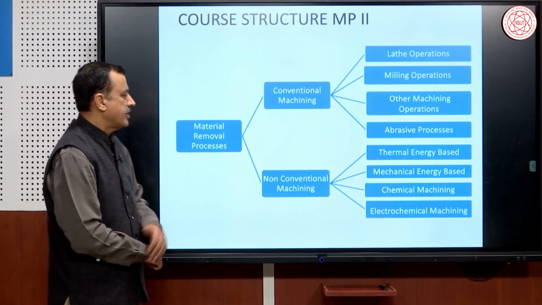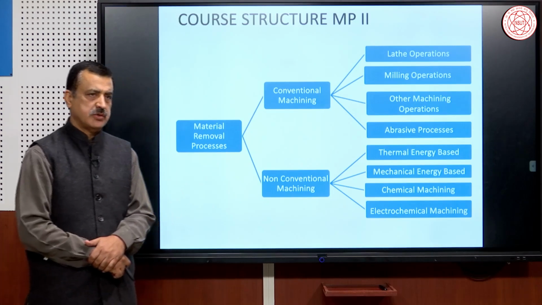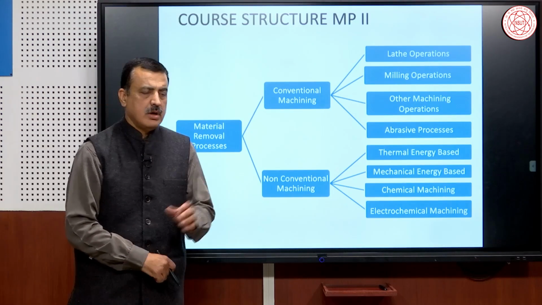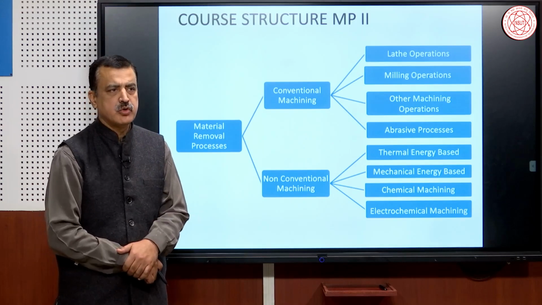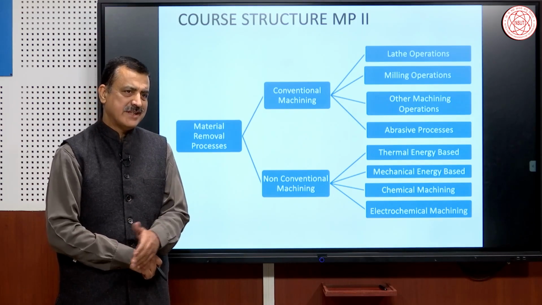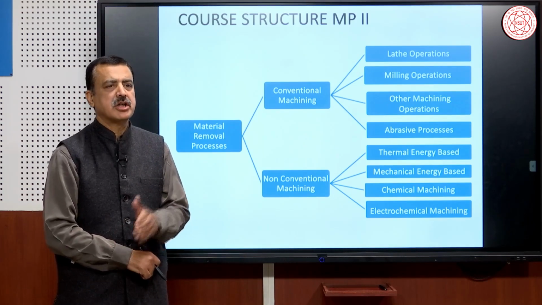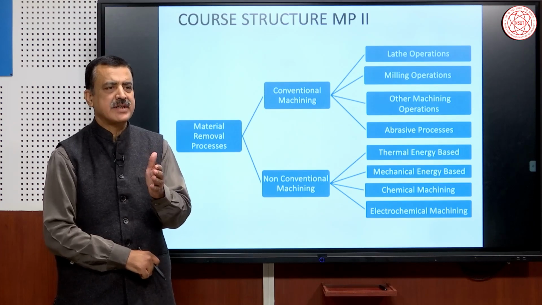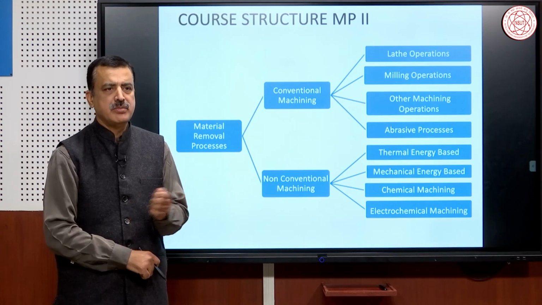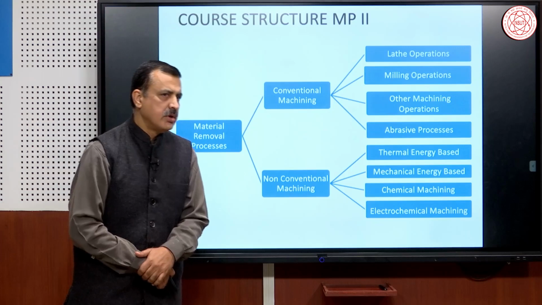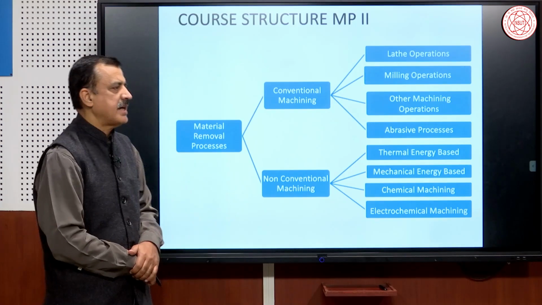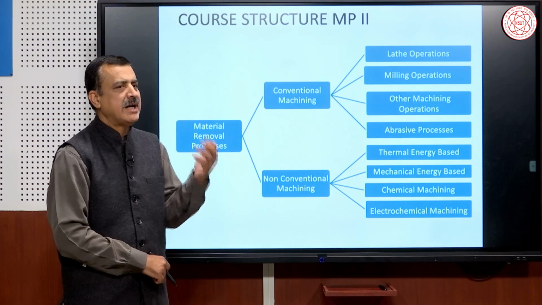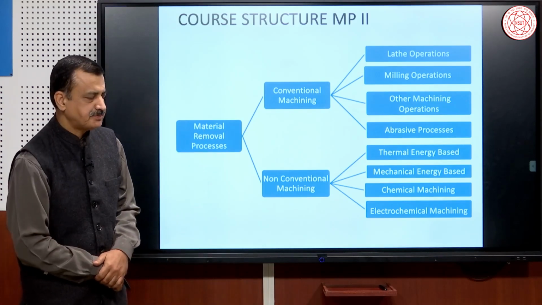On the other hand, non-conventional machining processes are those where energy is used in its direct form to remove the metal. For this reason, there is no need for the tool and the workpiece to be in physical contact. Therefore, it is also possible in such processes that a softer tool might be cutting a harder material.